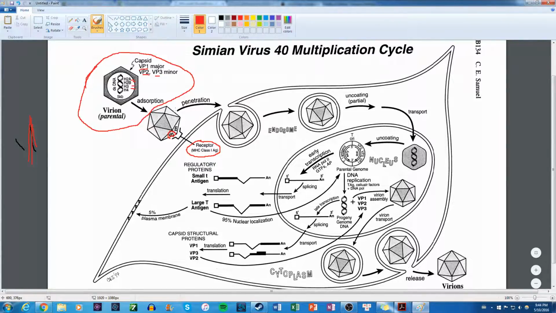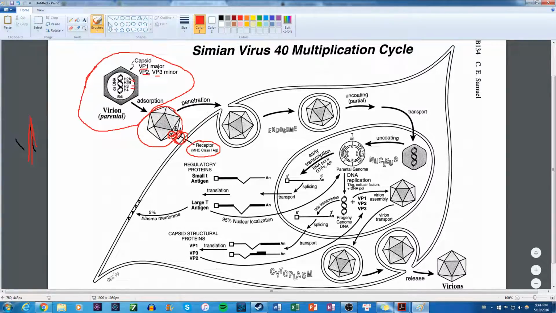And you can see right here, this is the SV40 attaching to the MHC receptor that's right here, and it's entering the cell. So, penetration. Now, something that wasn't written here in the penetration step is that it does this through caveolin receptor-mediated endocytosis. So first it attaches to MHC, and then in order to actually penetrate, it uses caveolin receptor-mediated endocytosis.